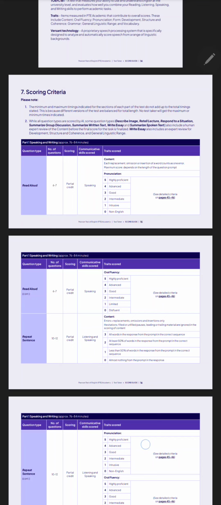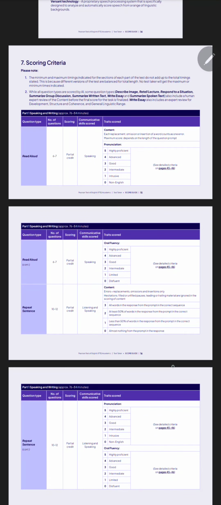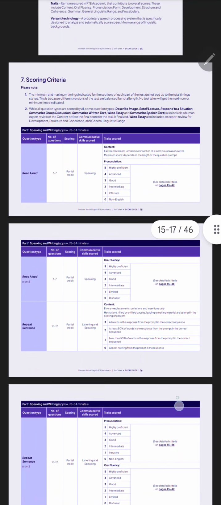Okay, so about repeat sentence. For repeat sentence we have the listening and speaking components tested, because they play some audio, like a sentence read aloud first, and then the test taker has to repeat what had just been said. Errors are also about replacements, omissions, and insertions.